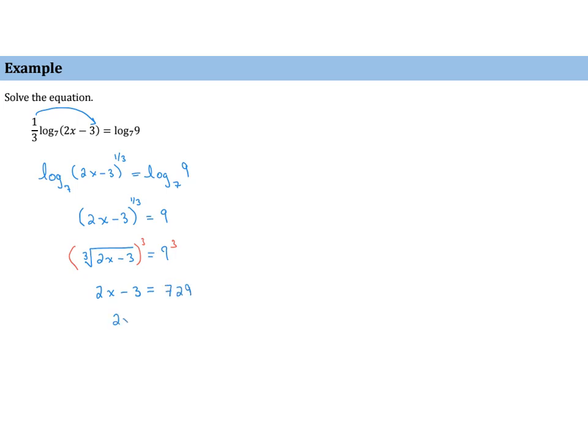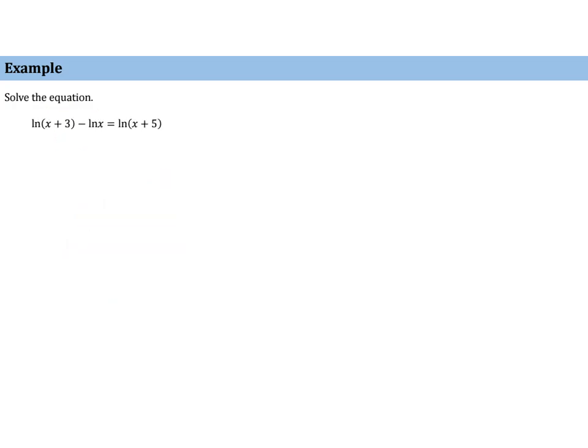Let's add 3 to both sides. And so x equals 366. Now, if we take 366 and plug it back in for x, this argument would not be negative, so we are okay.